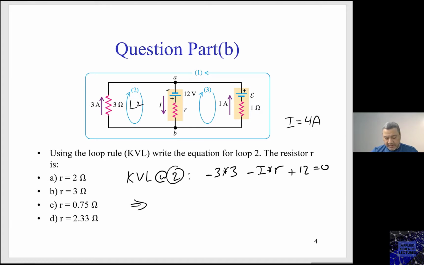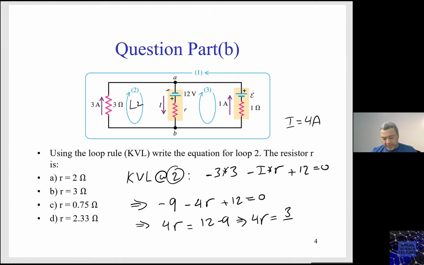Now I can say this is minus 9 minus 4R plus 12 equals 0, and then 4R is 12 minus 9, 4R is 3, then R is 3 over 4 ohm. So 0.75 is the answer.